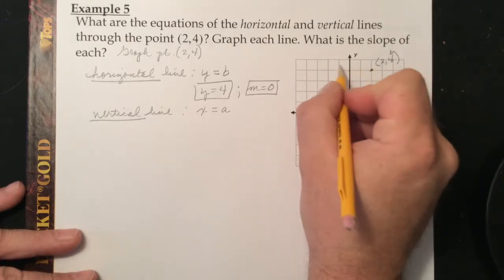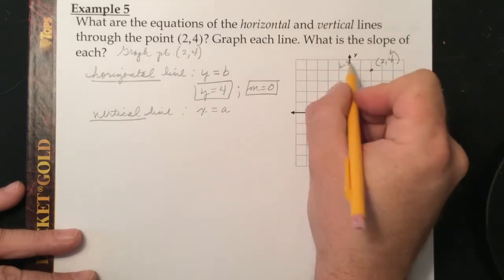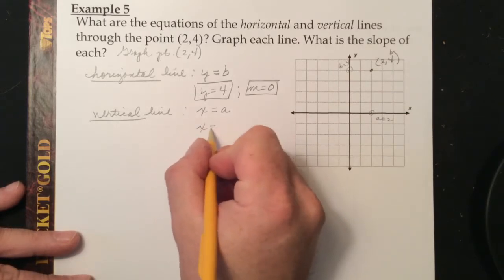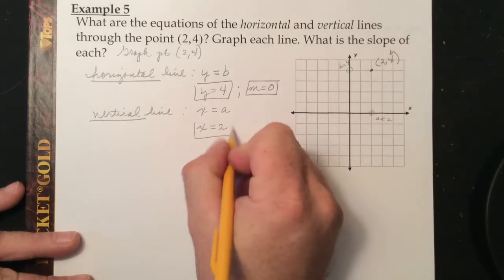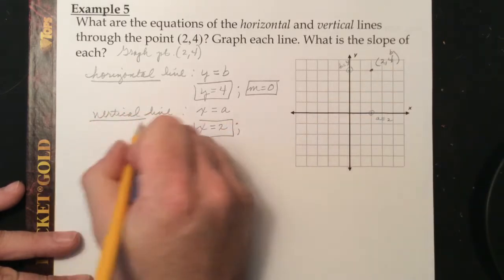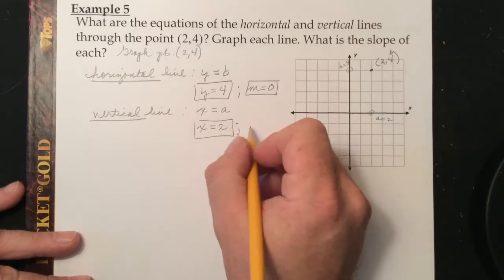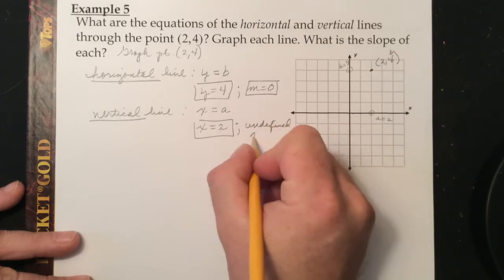This was b equals 4. So the equation of our line is x equals 2, the a or x coordinate here. And the slope of any vertical line, no matter what number is here, has to be undefined. So undefined slope.